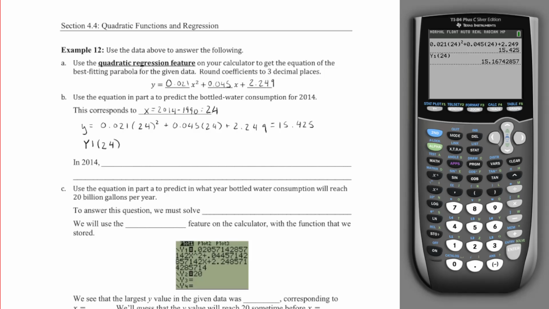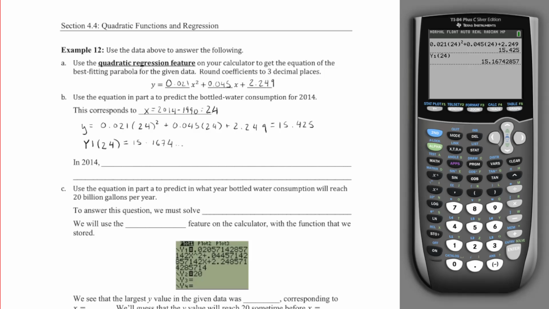And that gives us 15.1674, etc. Again, the homework is set up to accept either one of these. They're slightly different because y1 contains the unrounded equation. Either way, I'm going to use the first one in my interpretation. You can pick whichever one you like better.